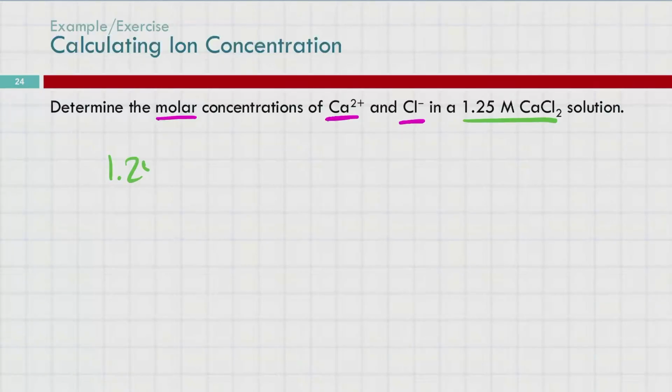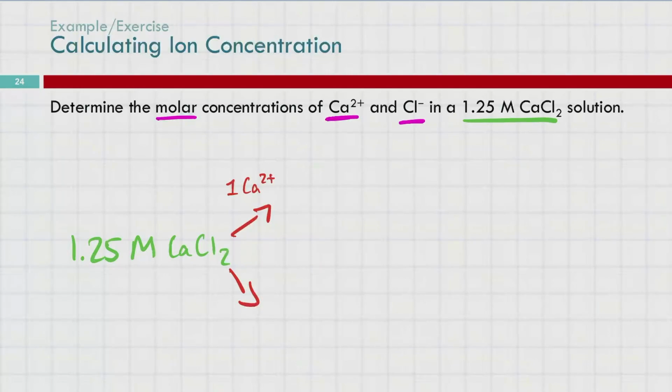Our 1.25 molar CaCl2 is our starting point. There are 2 ions that we're calculating for, calcium and chloride. As previously discussed, 1 Ca2 plus per 1 CaCl2. So this is 1.25 molar with respect to the calcium 2 plus ion, assuming it's a strong electrolyte and it completely dissolves.